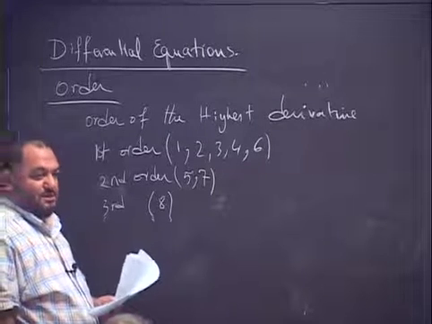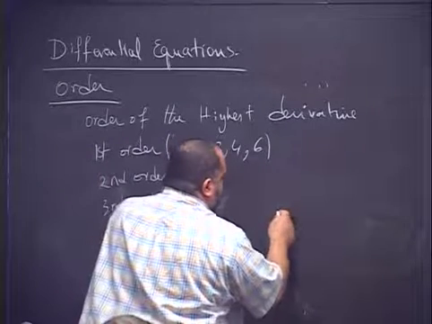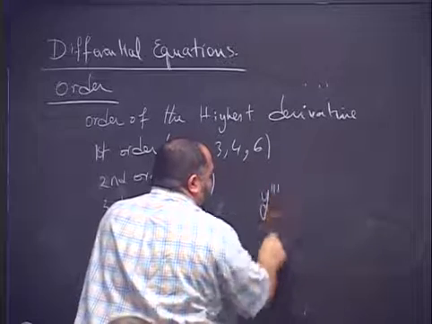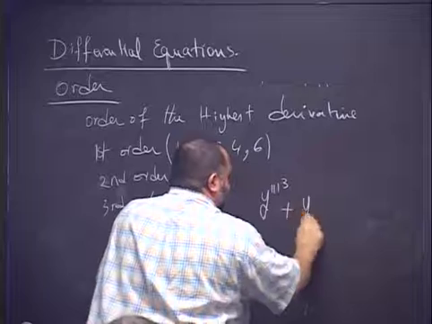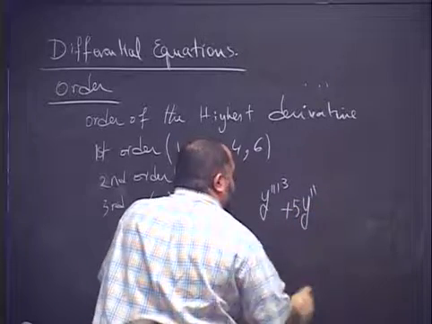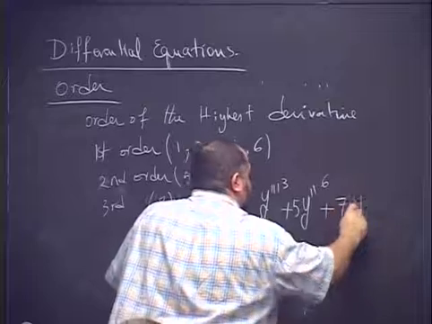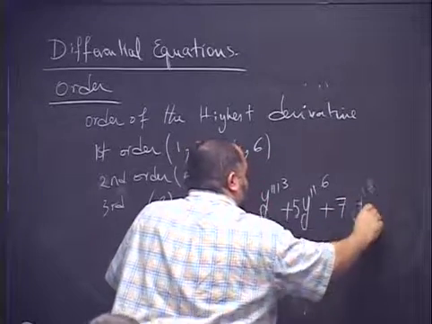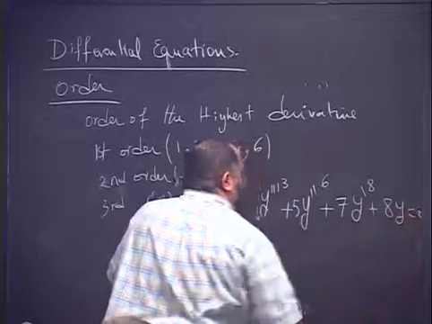Okay, guys? So let's write it like this: y triple prime to the power of 3 plus 5y double prime to the power of 6 plus 7y prime to the power of 8 plus 8y equal to 0.